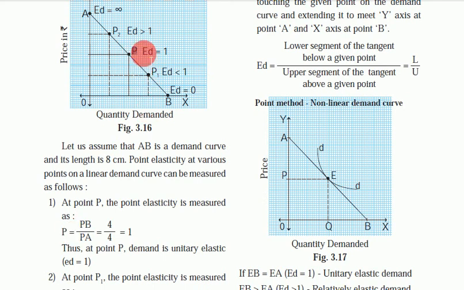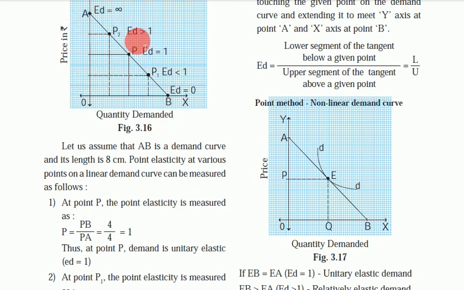Now here, the elasticity at point P is equal to PB upon PA. This will be the demand curve point of P. P is equal to PB upon PA, that is 4 upon 4.